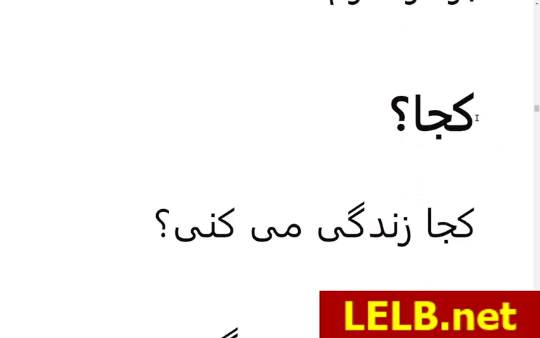Okay, the next question term is کجا. Means where. کجا زندگی میکنی؟ Where do you live? زندگی کردن means to live. کجا زندگی میکنی؟ من در ایران زندگی میکنم. I live in Iran.